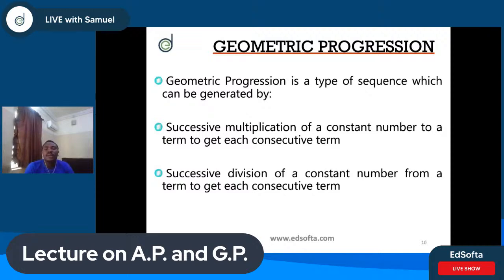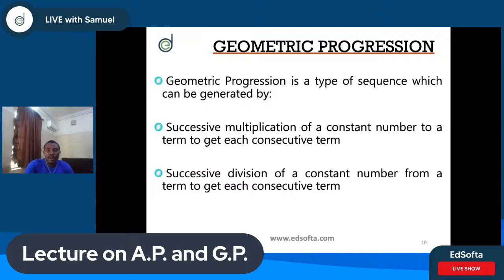These formulas are very important as we are going to look at some questions, and those questions need us to know these formulas. So let's move on. Geometric progression, as we said, is a type of sequence that is generated by successive multiplication of a constant number to a term to get each consecutive term, or successive division of a constant number from a term to get each consecutive term.